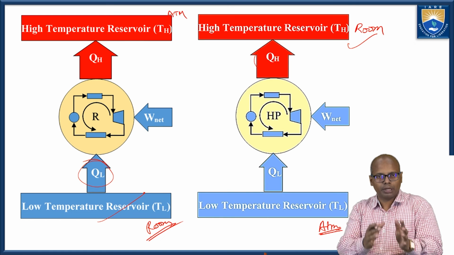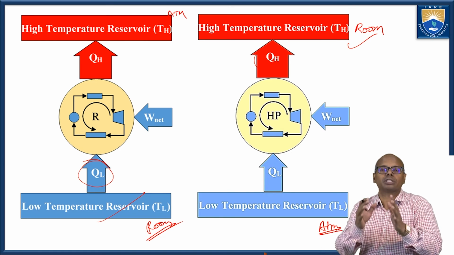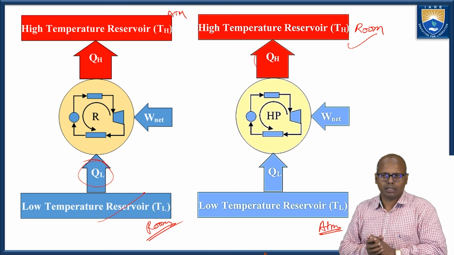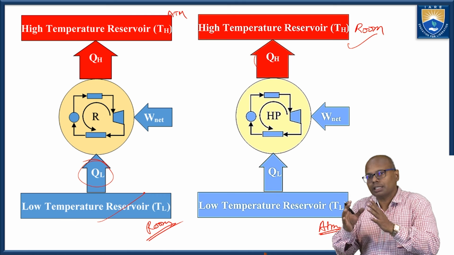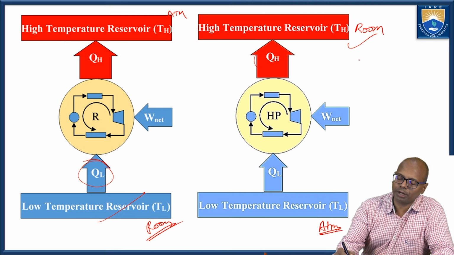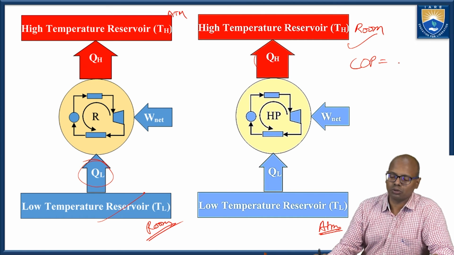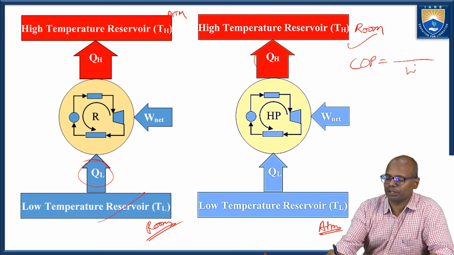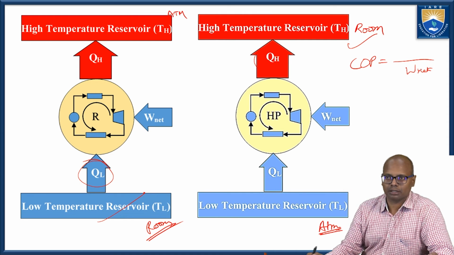So there is a term called coefficient of performance. The machine is doing some work, it is performing some action, and what is the coefficient of performance of this machine? The coefficient of performance is equal to, here in both cases I am supplying some work, so that work will be on the denominator.